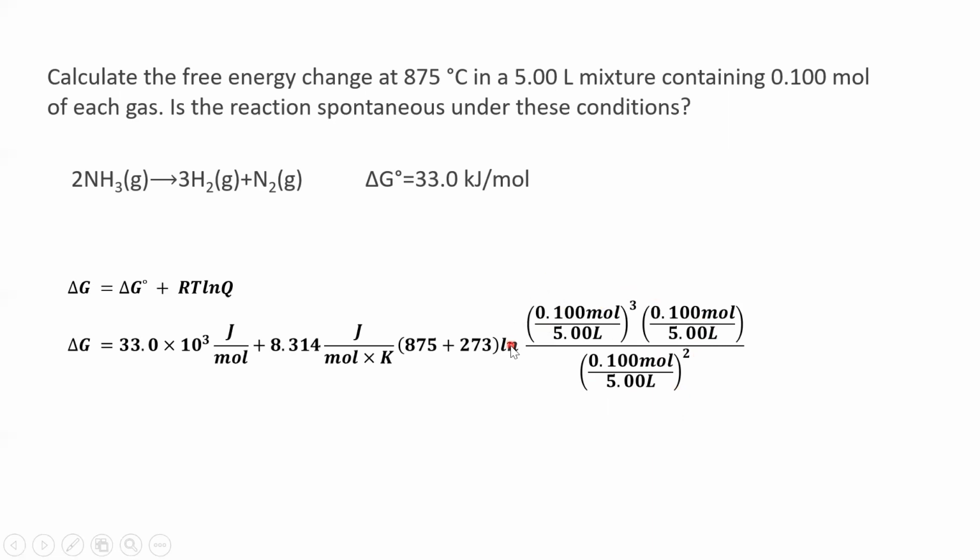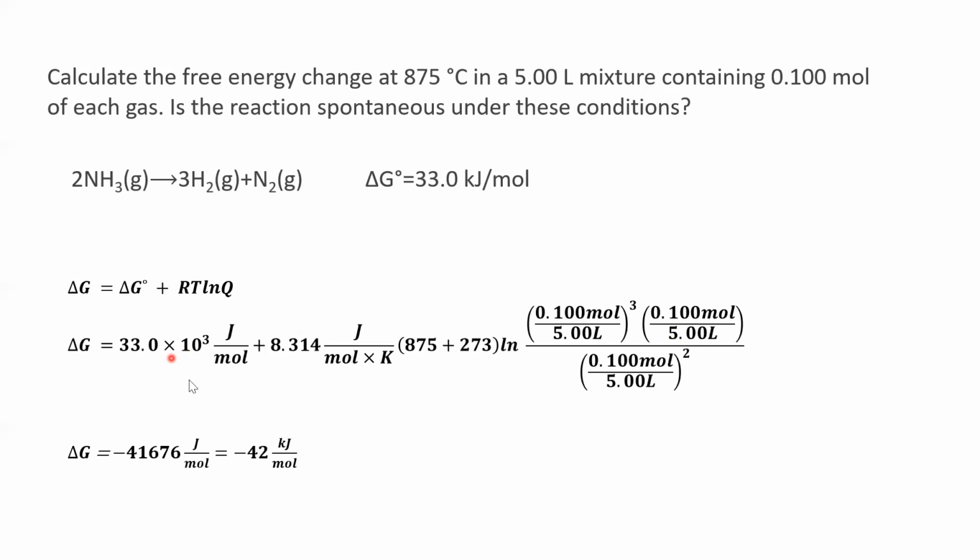We take the ln of that number, multiply it by the temperature in Kelvin, multiply it by 8.314 joules per mole Kelvin, take all of that and add it to 33 times 10 to the third joules per mole.